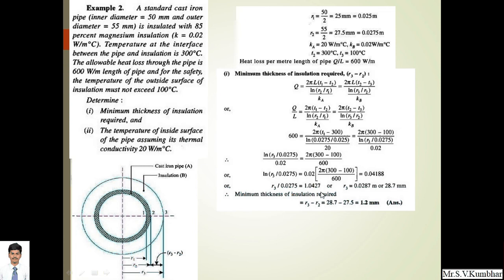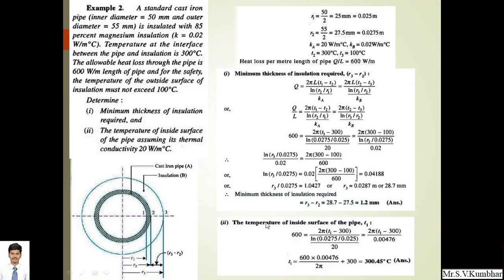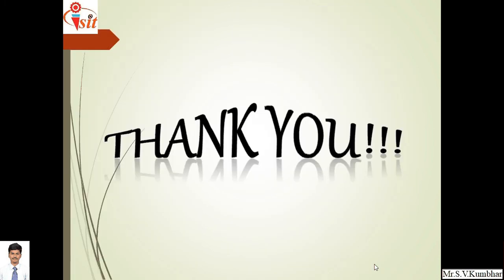This is the first answer. The second question is the temperature of inside surface. T1 we have to determine. So compare 600 and this, and we will obtain T1. T1 is 300.45 degrees centigrade. Thank you. Thank you very much.